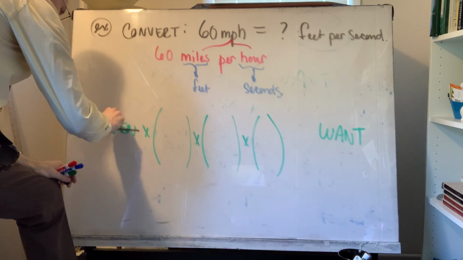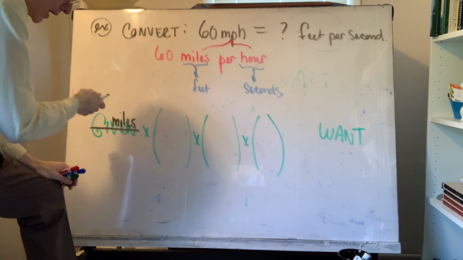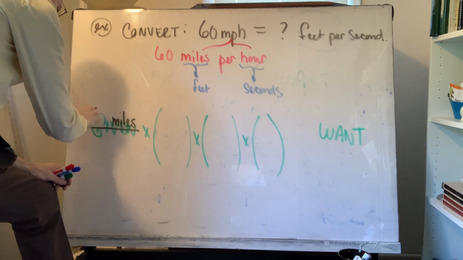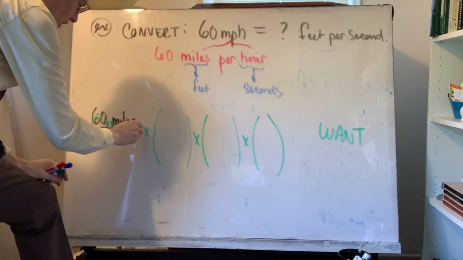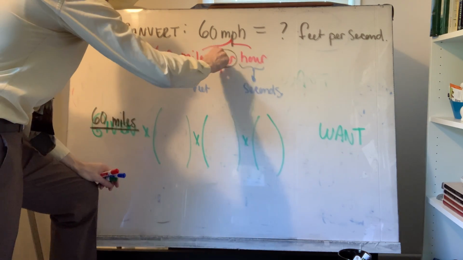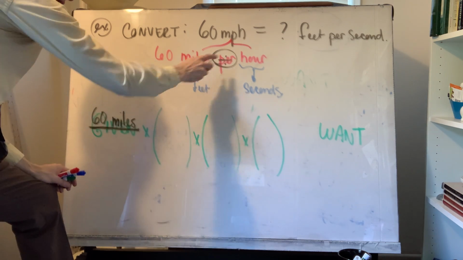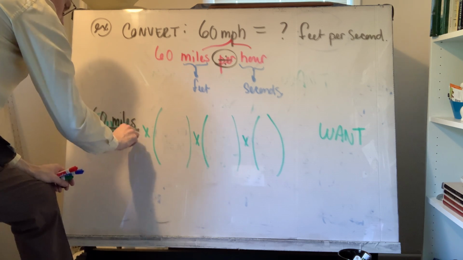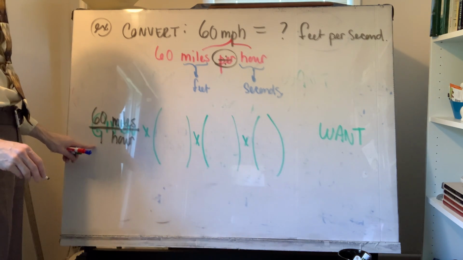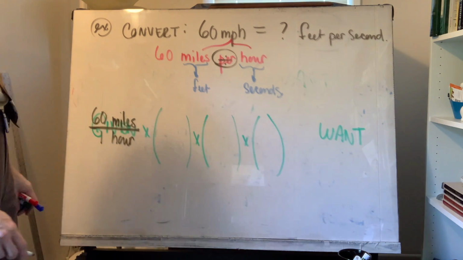Miles would be the unit that is above the line. And you can put the abbreviation for miles if you like. It's usually MI, but it would be 60 MI. And then per is this line. Remember, per means divide, so a fraction bar style of division, and then 1 hour. Why 1? Because you can't have a 0 here. The most basic number you can have as the denominator is 1 itself.